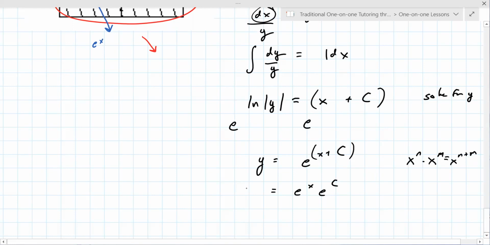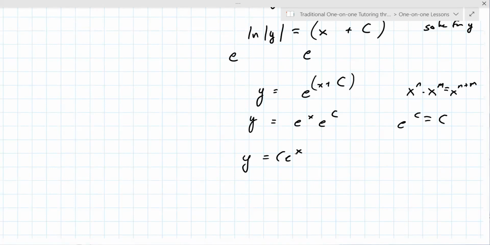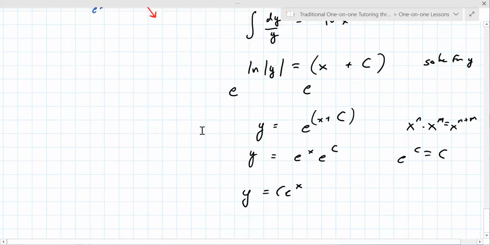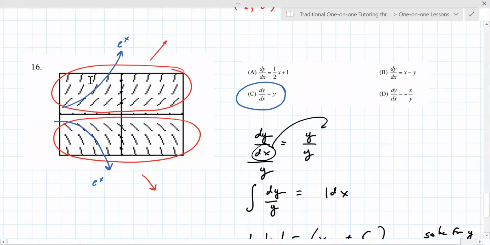Okay. So now bring your c out in front. So you say e to the c equals c. So y equals c e to the x. Okay. So now, why did I do all that? Because that's one of the techniques here: if you can see the solutions, which you've got to have some comfort level with.